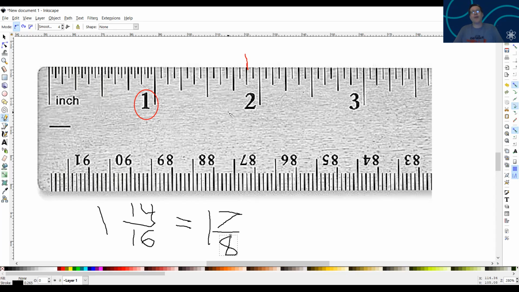The better you are with fractions, the more you can just look at it and say, oh yeah. This one here is gonna be 3/8, because it's 1/8, 2/8, 3/8, or it's between the 1/4 inch and the 1/2 inch. So 2/8, 3/8.